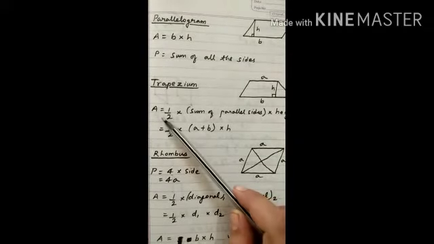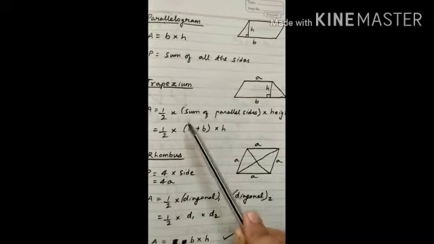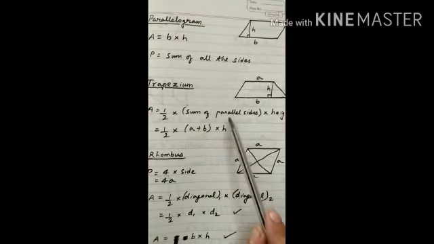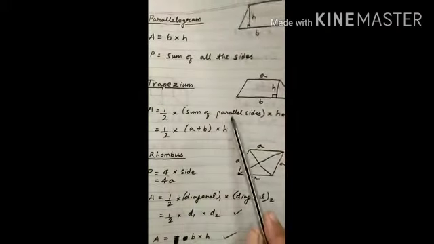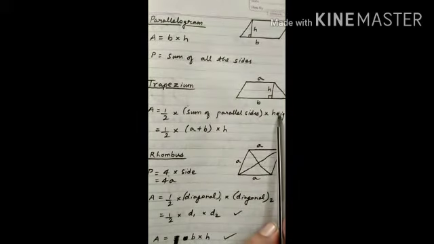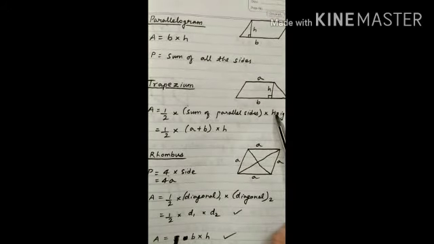So area of a trapezium equals half into sum of parallel sides into height. Height means the distance between both the parallel sides. This is the formula to calculate area of trapezium.